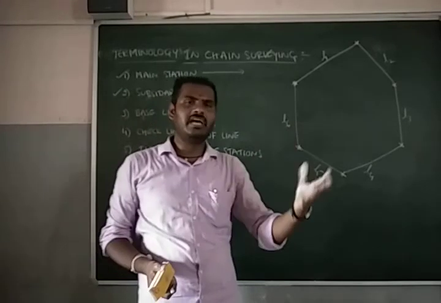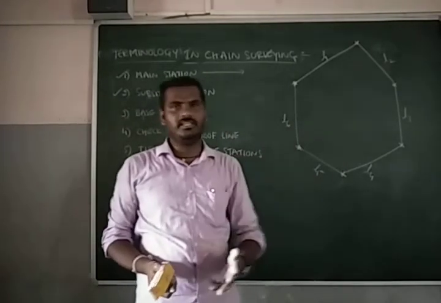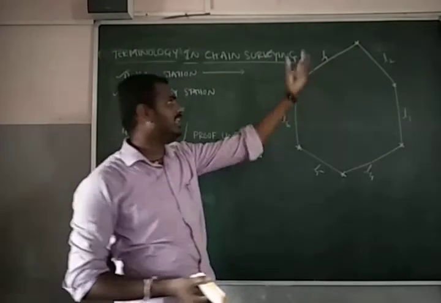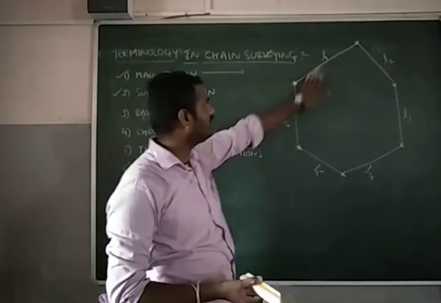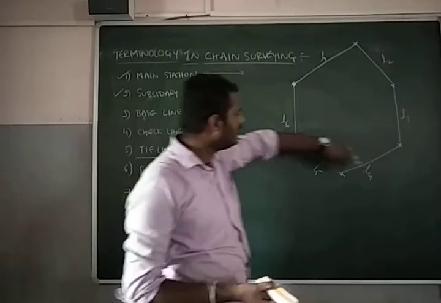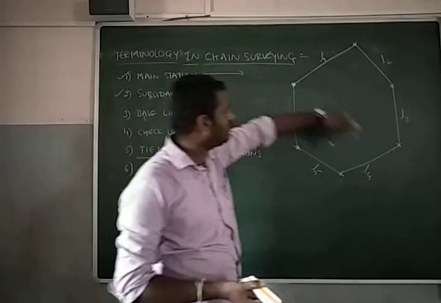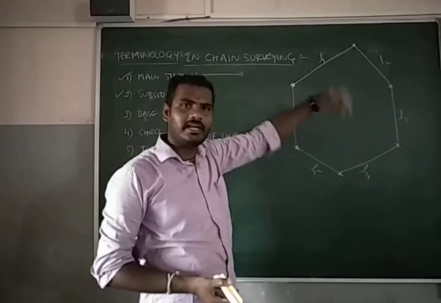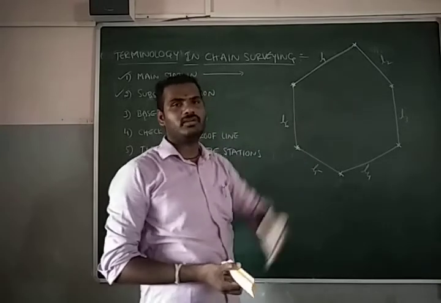In between you may have so many stations, that is different. But here, the starting and ending points for each individual measurement, starting point, ending point, and the combination of all these points will form a major plot, which is again subdivided into a number of triangles.